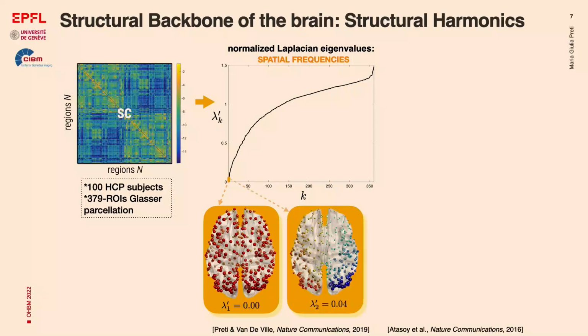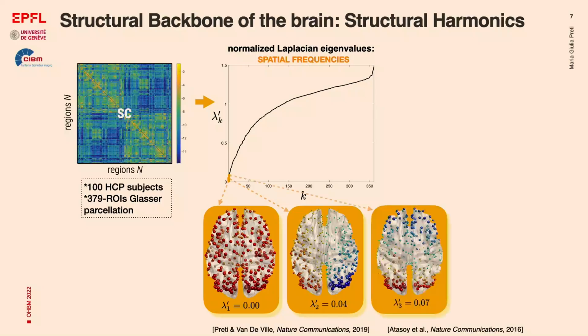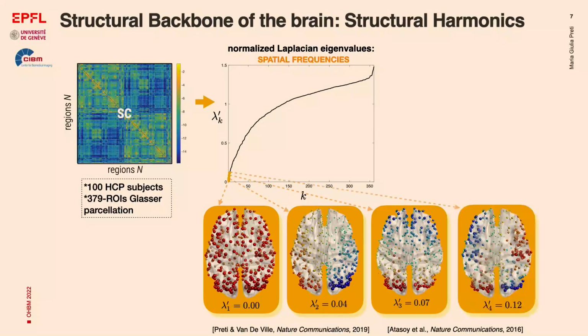Low frequency eigenvectors, the ones at the left hand of the spectrum, are very smooth on the graph. They are characterized by a very low value of spatial frequency. You have very smooth variation, meaning that what you see with the same color really corresponds to nodes that are very connected in the structural connectivity.